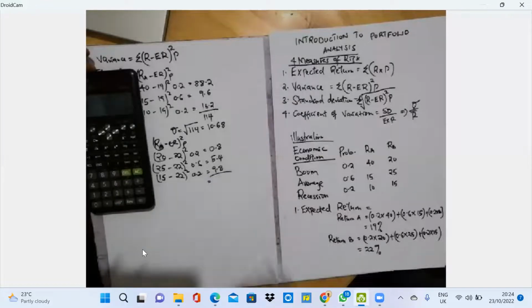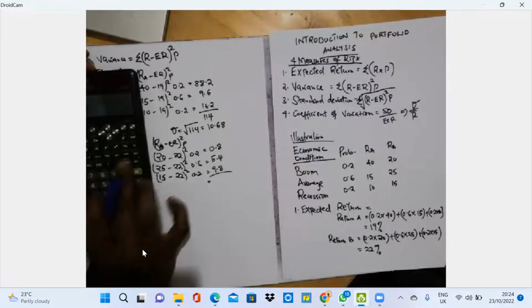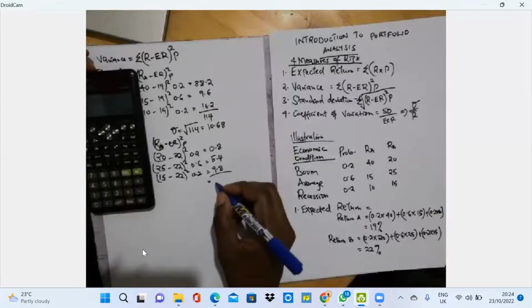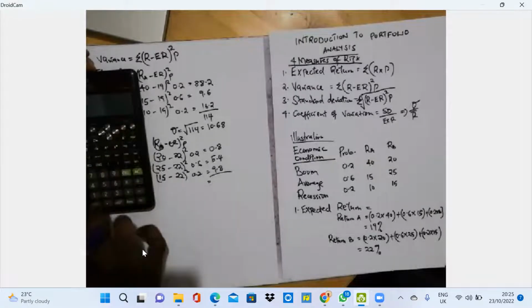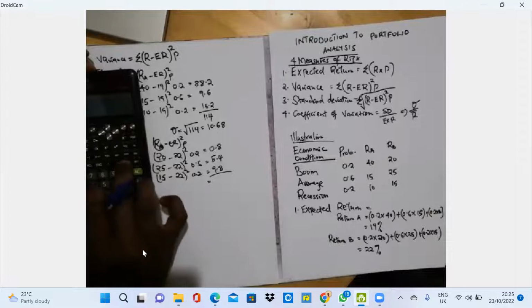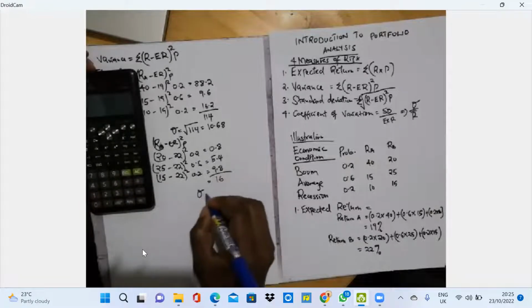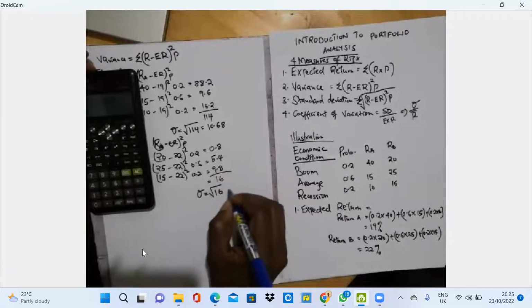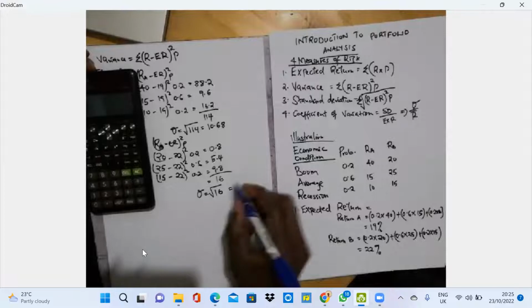So our variance is 0.8 plus 5.4 plus 9.8, which is 16. Now to get our standard deviation, we get the square root of 16, which should be 4.